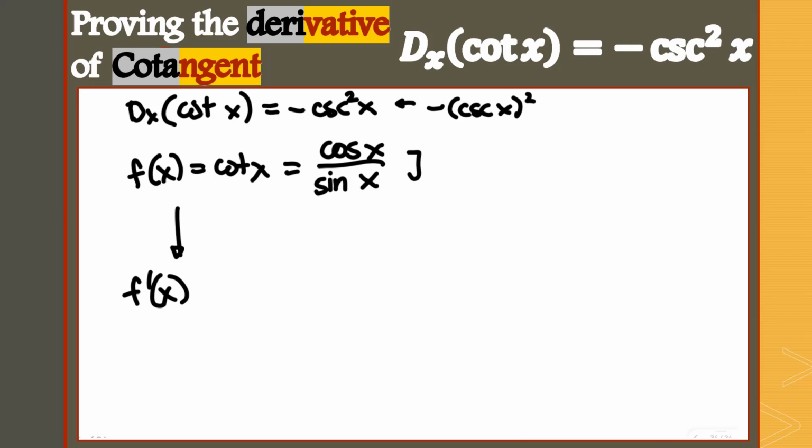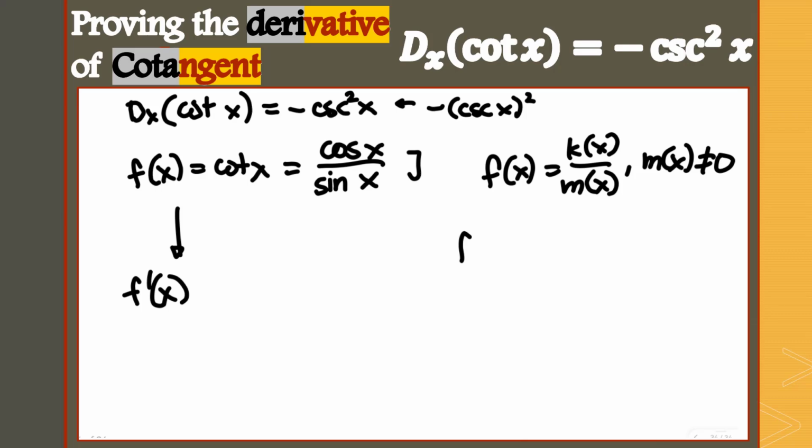This being a ratio or a quotient, we can use the rule for quotient in this manner: if f of x is equal to k of x over m of x, where m of x is not equal to 0, its first derivative is this. In exact order, it cannot be interchanged.